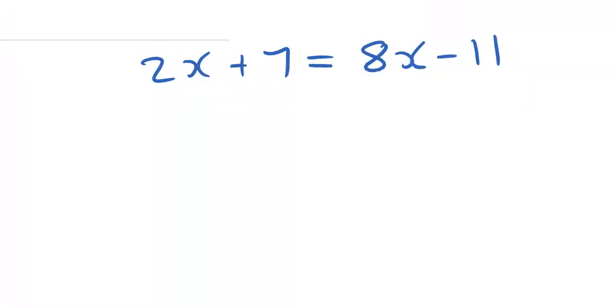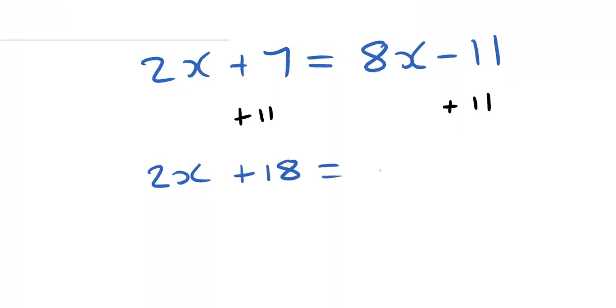So I am going to choose to add 11 to both sides. If I do that, I'm going to have a 2x there still. I'm going to have an 18 because I've got 7 plus 11. I'm going to still have an 8x there, but nothing else because I've added 11 to cancel out the minus 11.